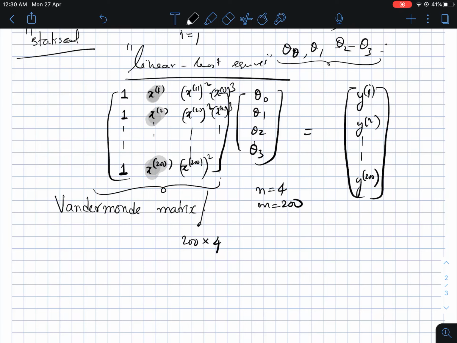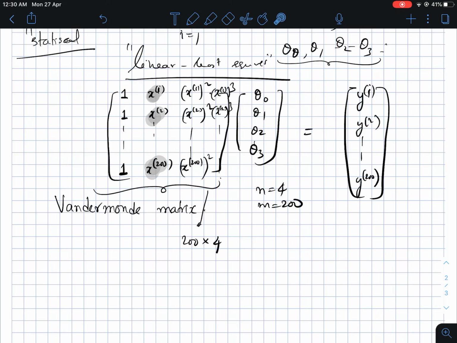So in this context also it makes sense to assume that the matrix is full rank. Because if the matrix is not full rank, what that means is that you can actually write one of the columns in terms of the other columns. For example, you can write maybe the last column in terms of the first 3 columns, just as an example.